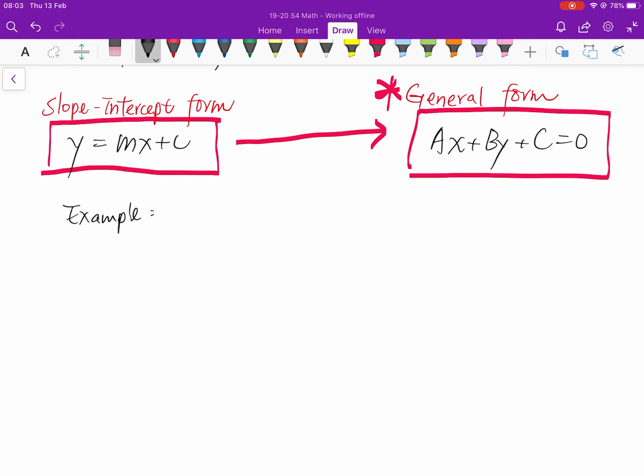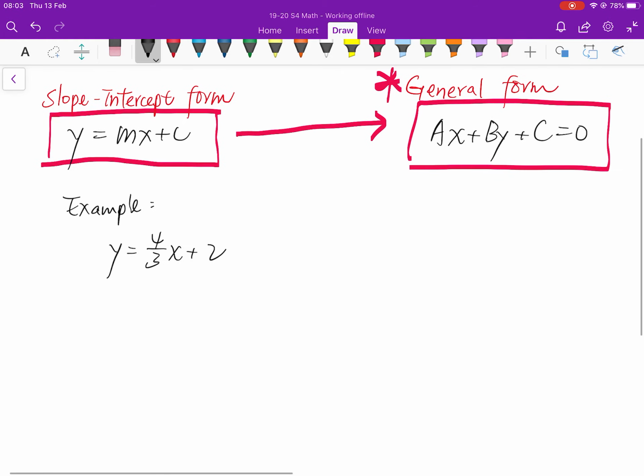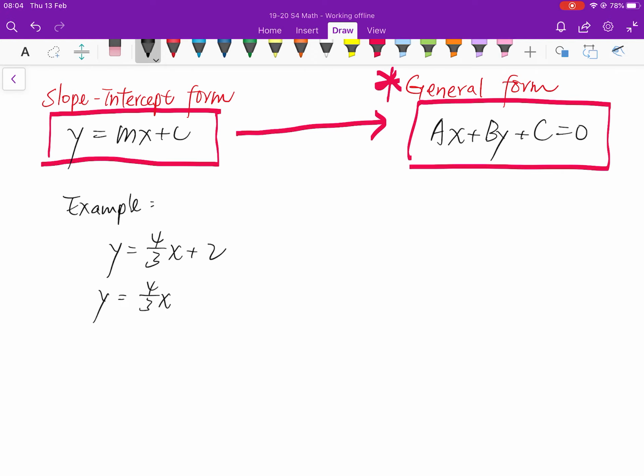For example, there is an equation of a straight line y equals 4 over 3 x plus 2. I want to convert it into general form. First step, we multiply both sides by 3 in order to remove the fraction. Therefore, 3y equals 4x plus 6.